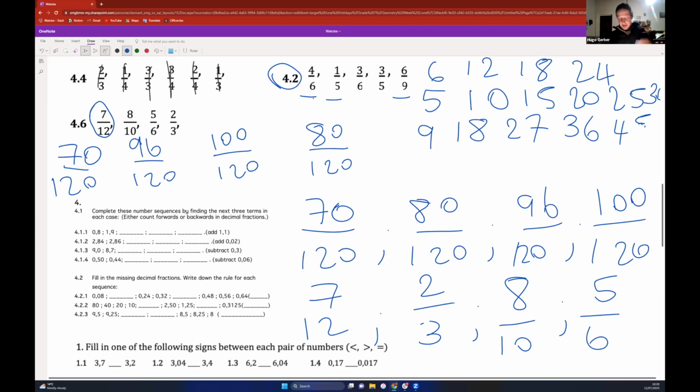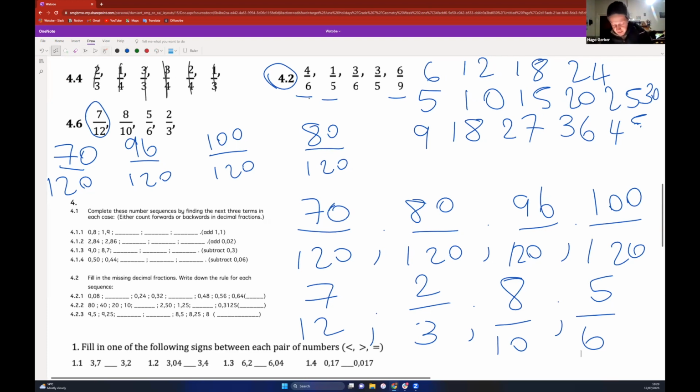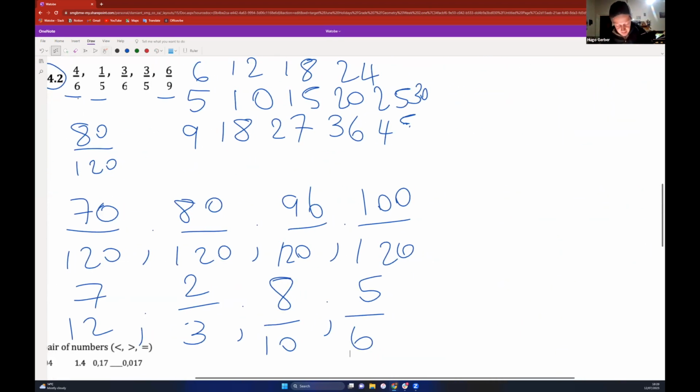Okay, I'm going to need somebody to help me with number 4.2. Any takers helping me with 4.2, please? Nobody. Nobody's helping me with 4.2. That's so sad.